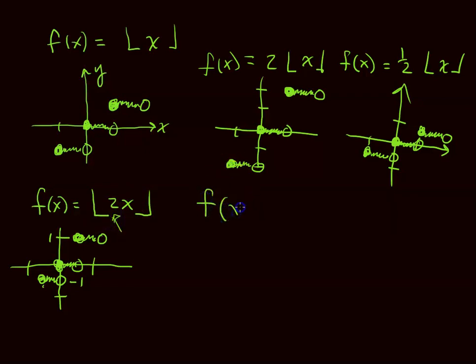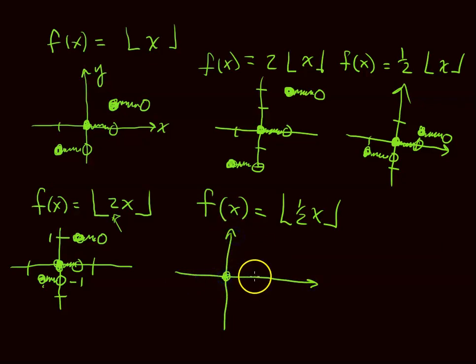Let's see if I can do this next one right. 1/2 would be a horizontal stretch. So now instead of a width of 1, the width is 2. So our step from 0, but now it goes to 2.